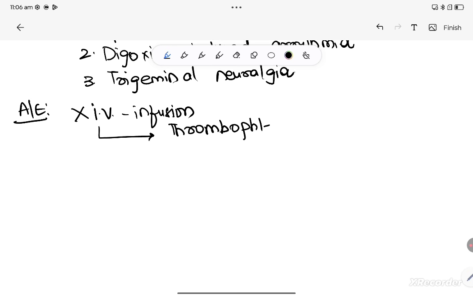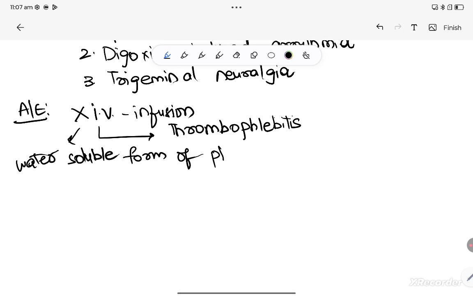To overcome this, in a case of status, we have developed a water-soluble form of phenytoin, and we labeled it as phosphenytoin. This phosphenytoin can be easily handled by the intravenous route.